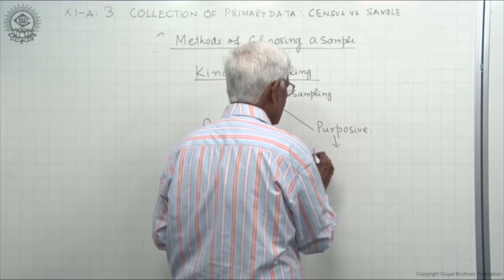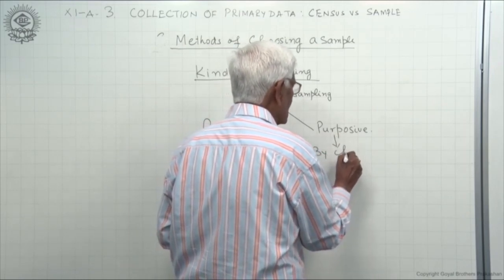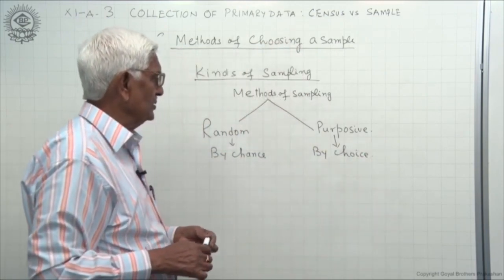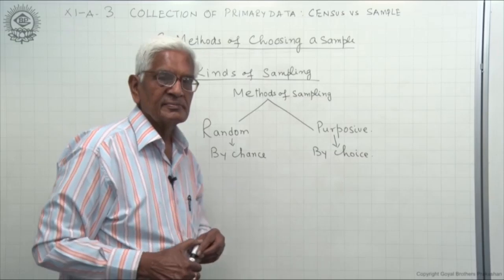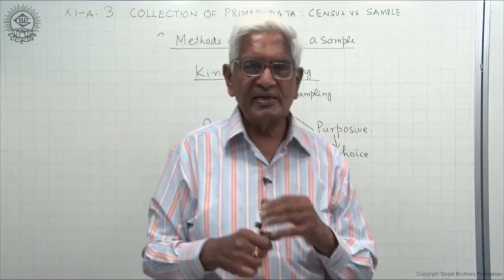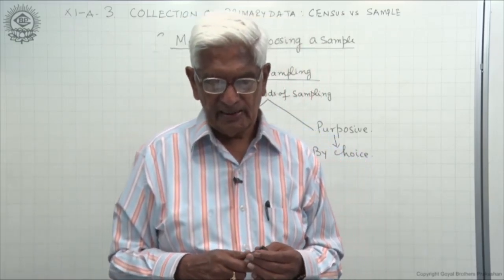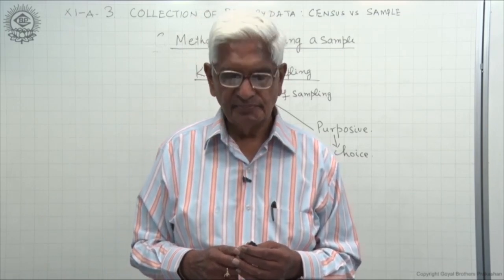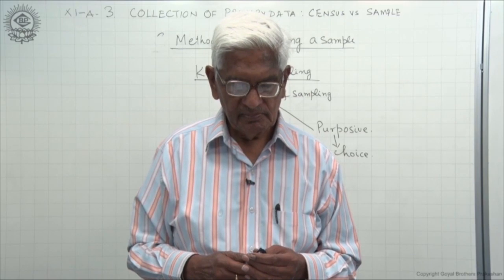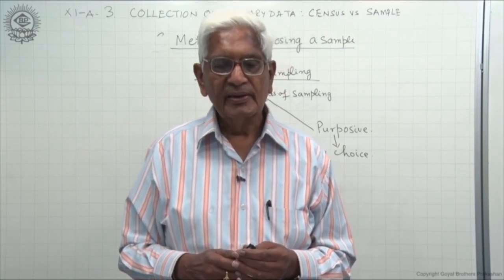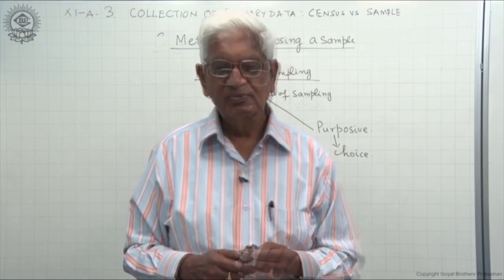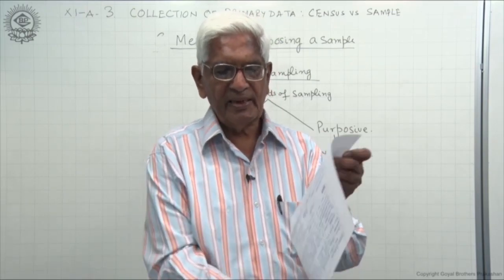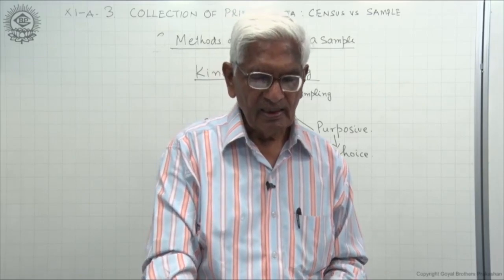Purposive means by choice. क्या मतलब है इन दोनों का? चॉइस तो ठीक है, इन्वेस्टिगेटर की मर्जी है, जो मर्जी आए छांट ले. चांस से क्या मतलब है? Random by chance. Let us study these in detail. चांस से क्या मतलब है इसके बारे में हम अब बात करते हैं.